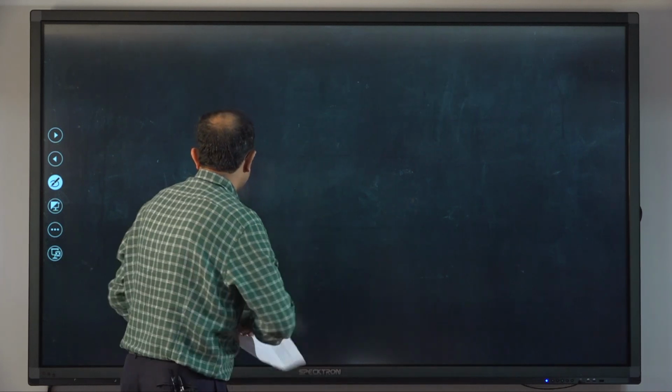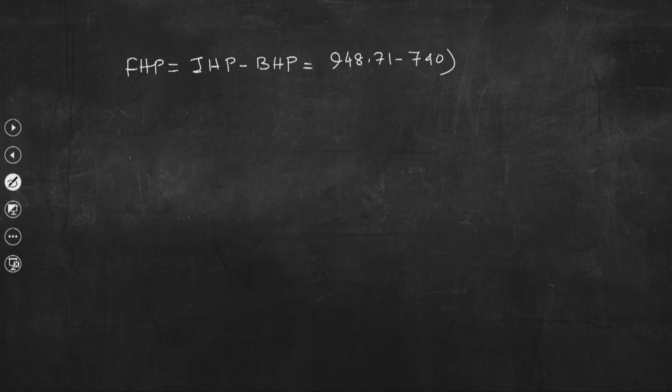So, for the naturally aspirated case, FHP equals IHP minus BHP, that is 948.71 minus 740 kilowatt, and this is coming as 208.71 kilowatt.